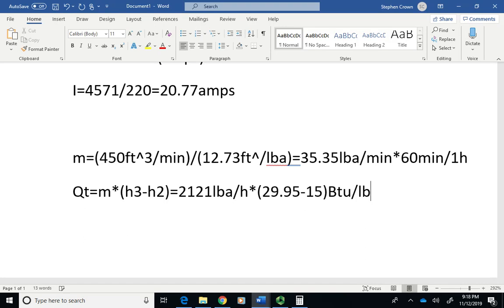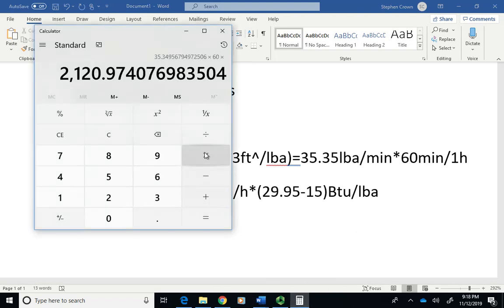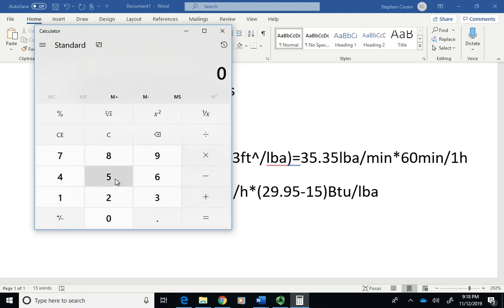That's BTU per pound of air. So do the math there. 29.95 minus 15 equals 14.95 times 2121 is 31,709.